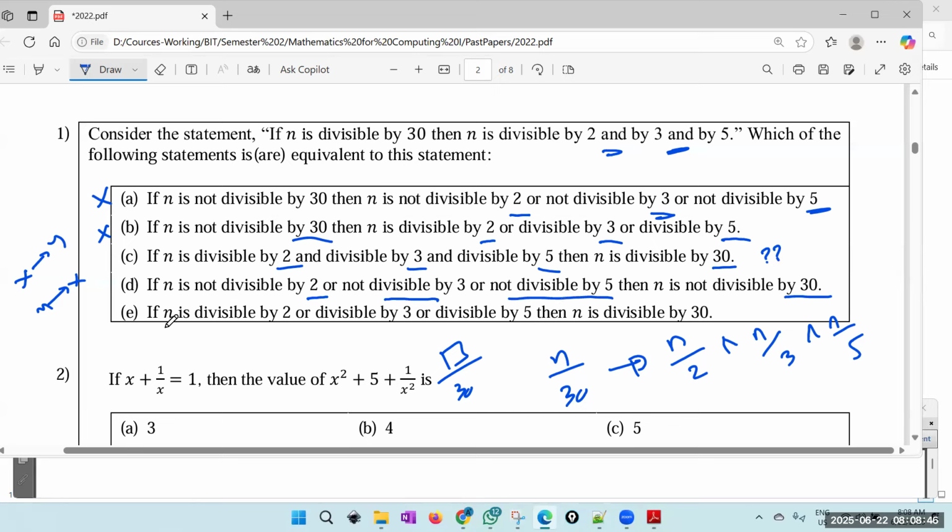Okay, let's keep that also open. If n is divisible by 2 or 3 or 5, n is divisible by 30, that is definitely no, right? Just because it is divisible by one of these, we can't say that it is divisible by 30. So maybe one of these two should be correct, because usually we need at least one correct answer, right?